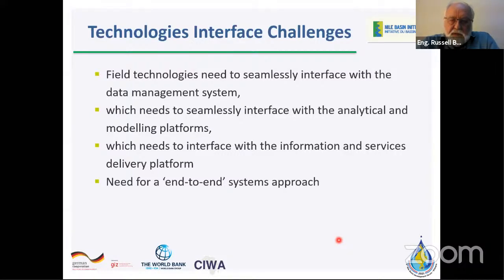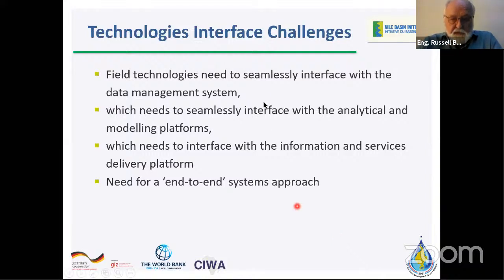The field technologies need to seamlessly interface with the data management system. You would think this would be fairly straightforward, but if you think about different equipment from different vendors providing different formats, communicating in different means, it becomes very complex very quickly, especially when you consider the amount of data that's being transferred.